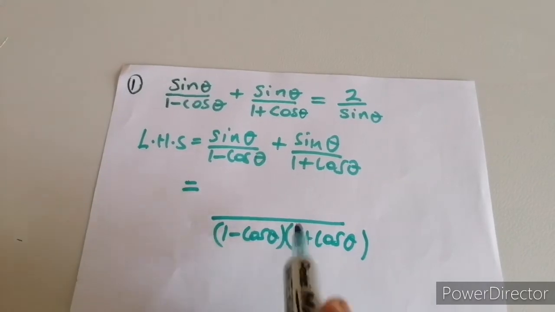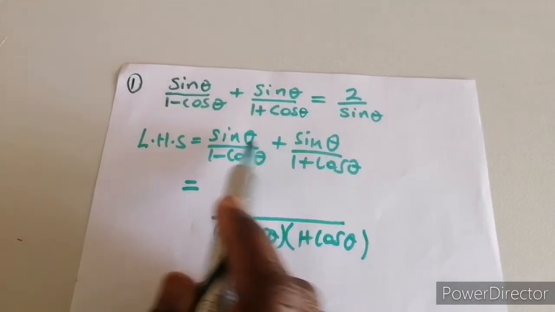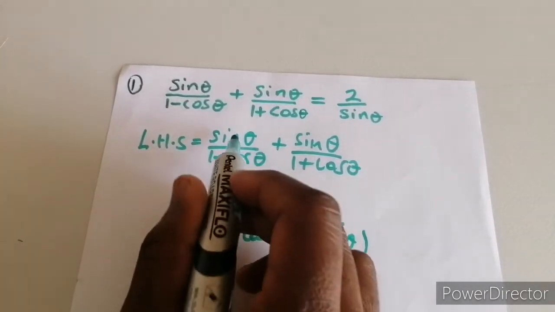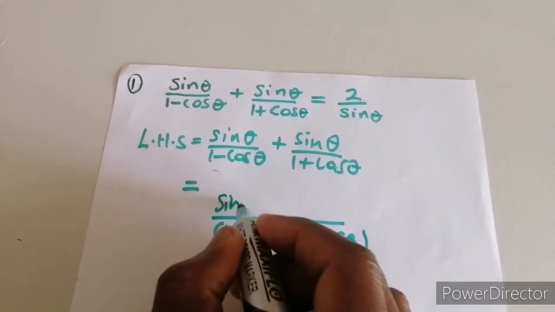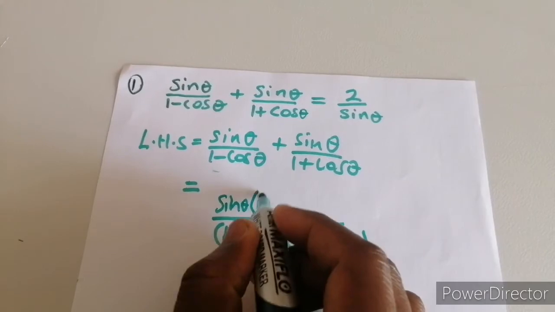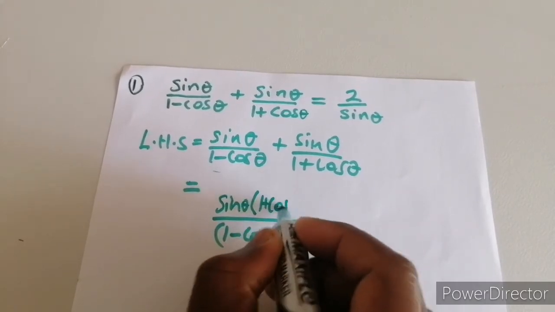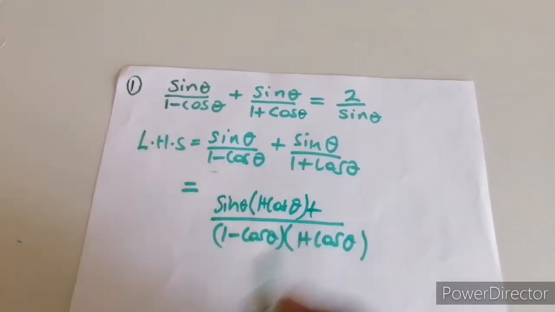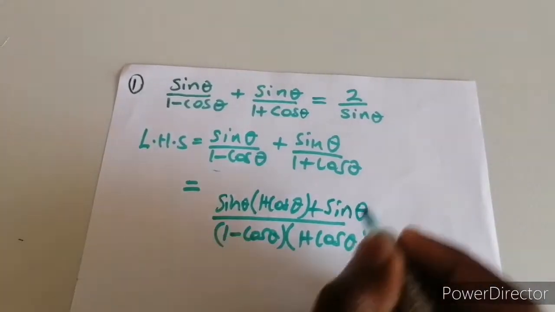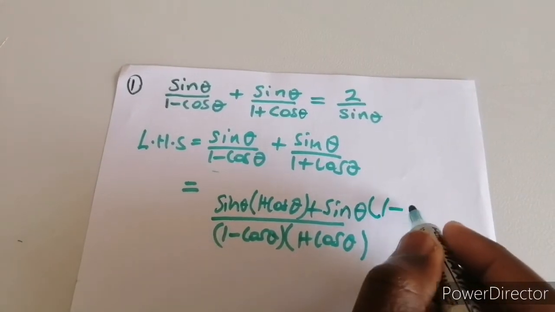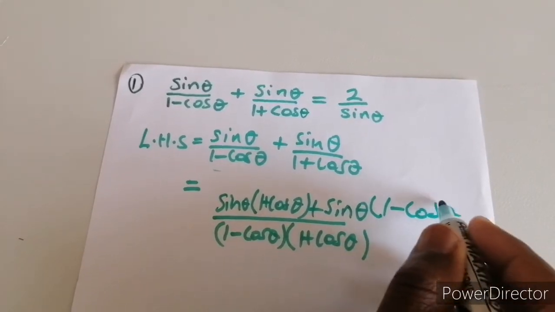Right, now we're going to multiply each term by the LCD. Then the first term will be sine of theta into 1 plus cos theta, plus the second term will be the sine of theta into 1 minus the cos of theta.